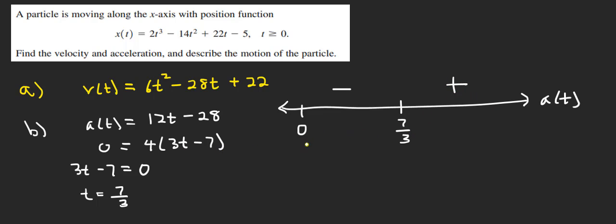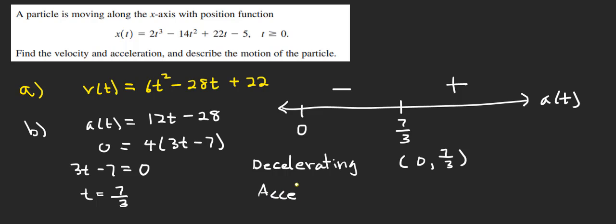So it looks like the particle is decelerating from 0 to 7 over 3. And then after 7 over 3, it is accelerating, from 7 over 3 to infinity.